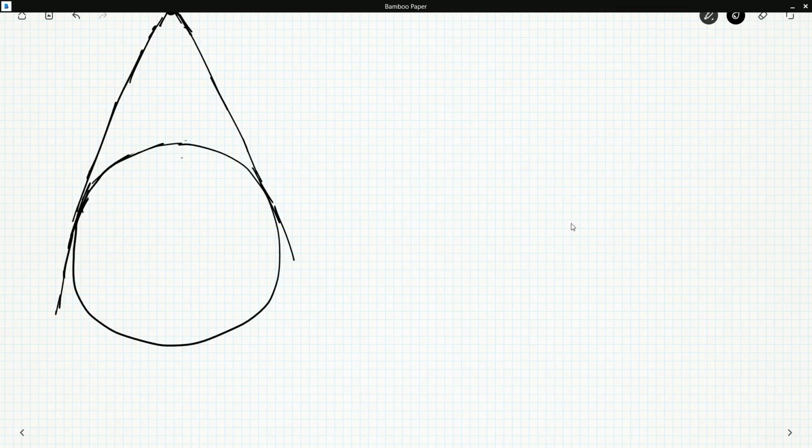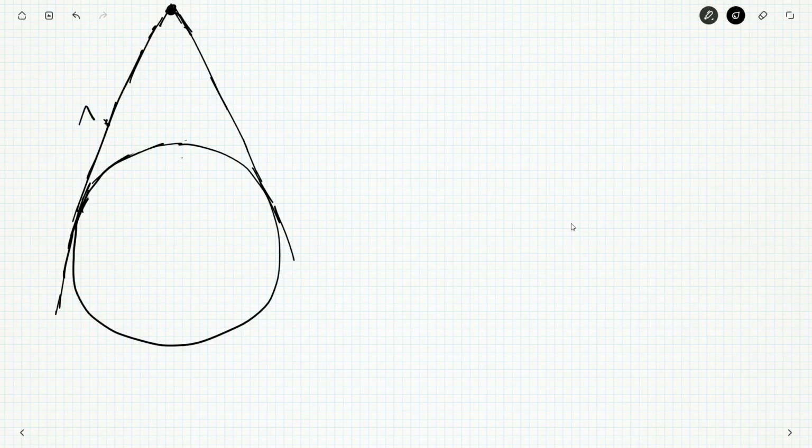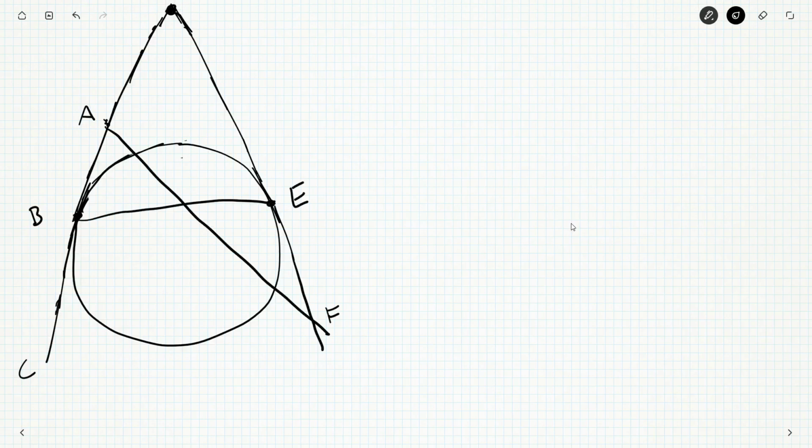So we'll say A is here. Goes all the way down to F. We have C down here, I guess. B, E, that goes across, intersects at Q. P is up here.